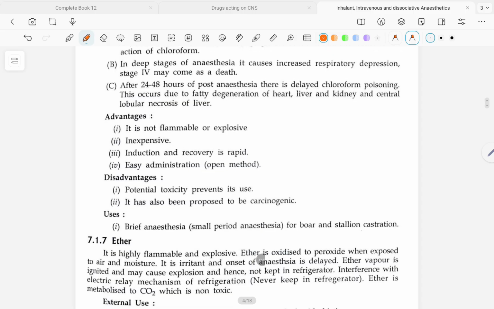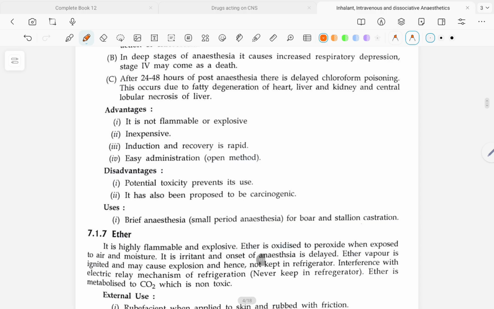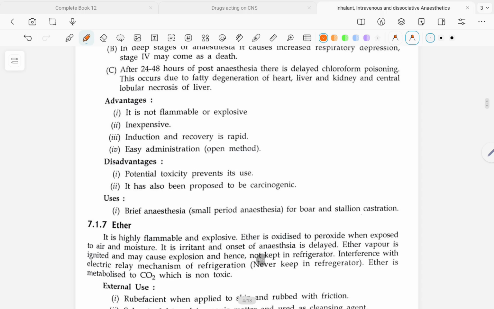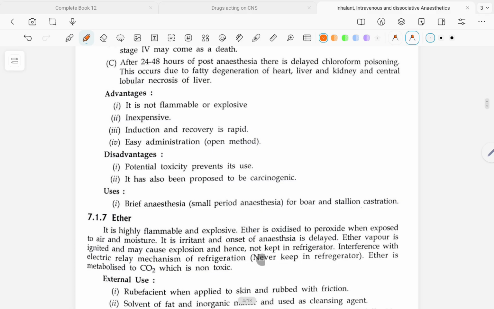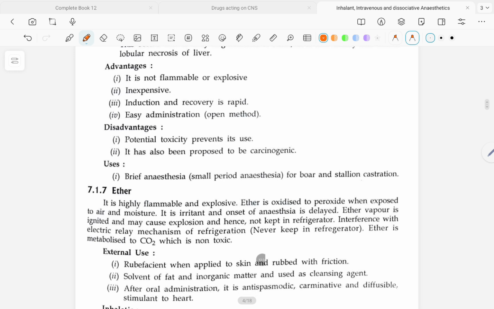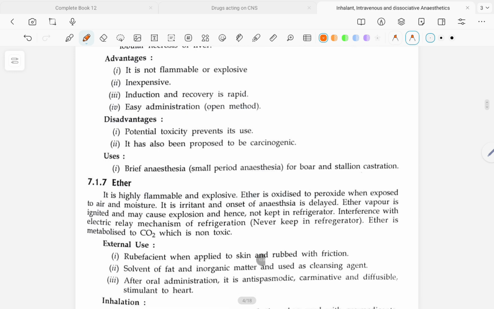After 24 hours of post-anesthesia, there is delayed chloroform poisoning. This occurs due to fatty degeneration of heart, liver and kidney, and central lobular necrosis of liver. Advantage: it is not flammable or explosive.